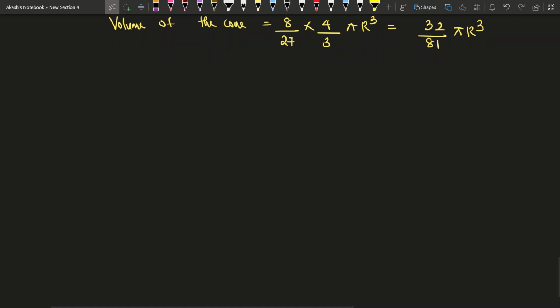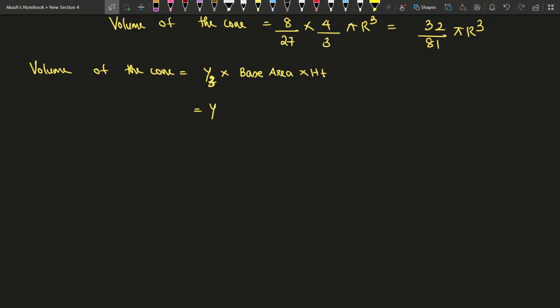We know that the volume of the cone is equal to 1 by 3 into base area into height. The base is a circle, so the area is pi times the base radius squared.